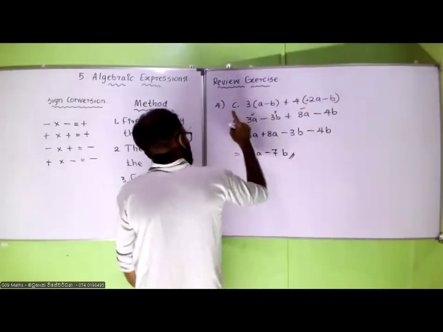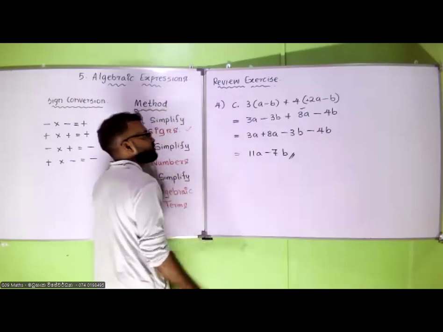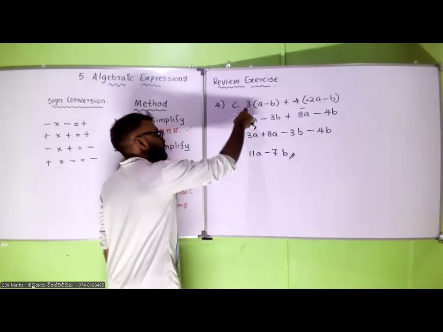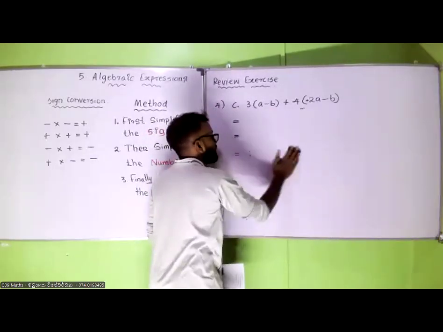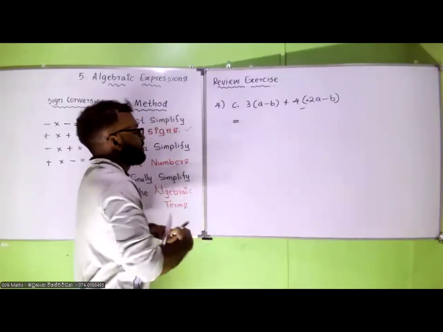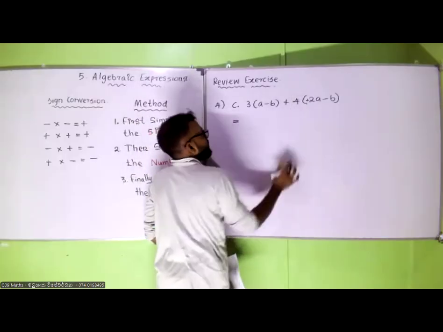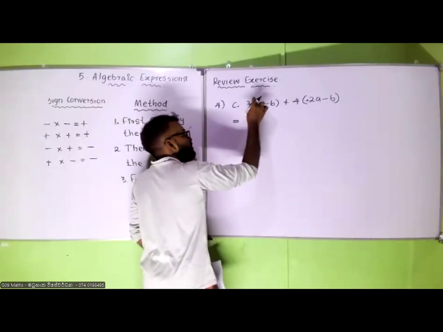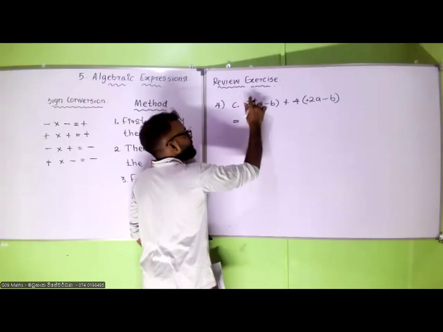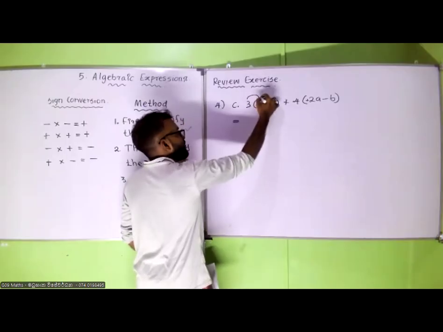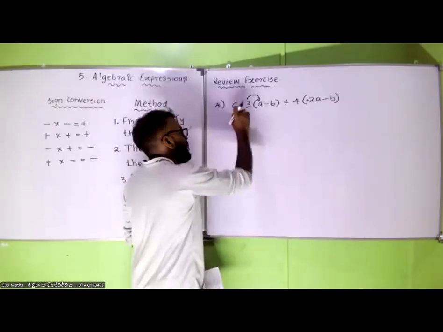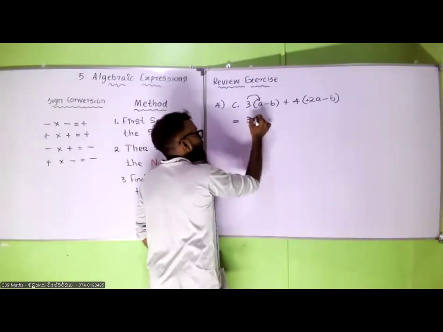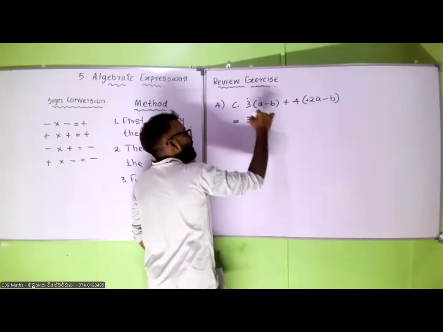So I will explain this again, so that you can understand it. Equal mark. This is positive 3. This is positive 8. Simplify these two first. Positive into positive, positive. I am not going to put positive, and 3 times A, 3A. That is done.